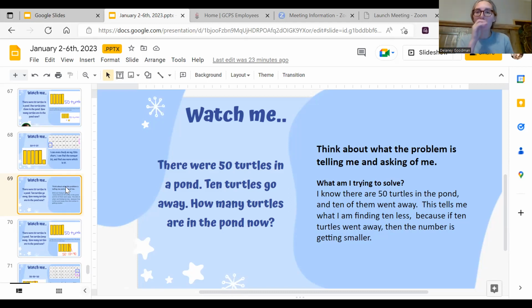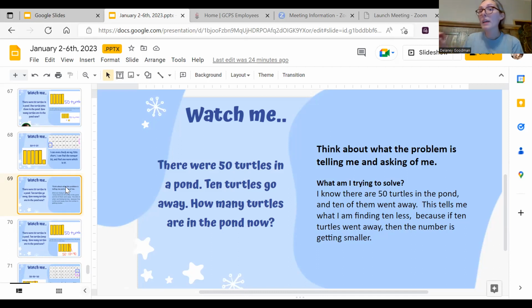So imagine if the problem said this. There were 50 turtles in a pond. 10 turtles go away. How many turtles are in the pond now? So again, first thing I need to do is I need to think about what the problem is telling me and what it's asking me to find. So first, I know that there are 50 turtles in a pond. I picture it in my head, there's 50 turtles in a pond. And now I see 10 of them going away, okay? 10 of them are leaving.